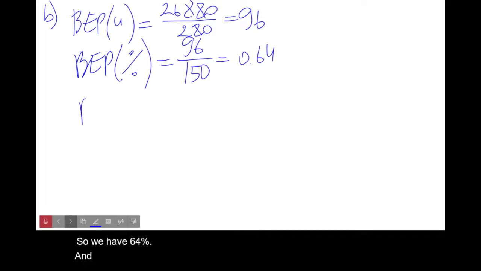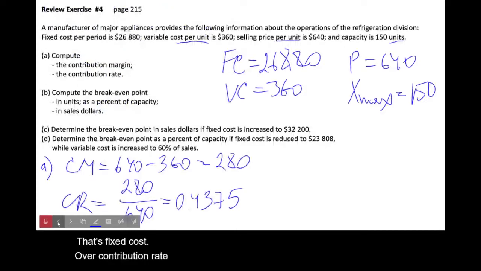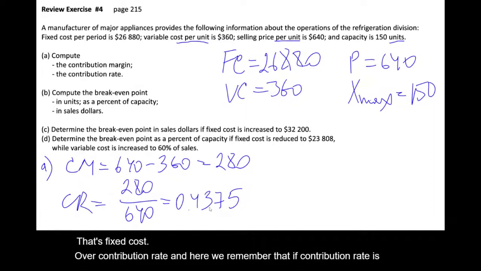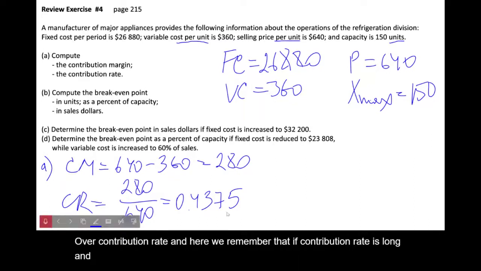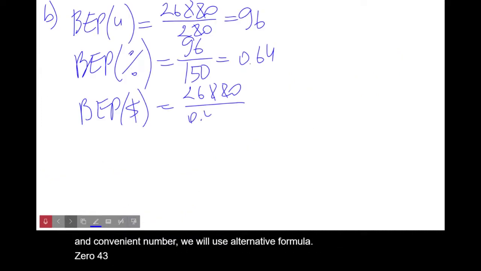And now break-even point in dollars, that's fixed cost over contribution rate. And here we remember that if contribution rate is a long and inconvenient number, we will use alternative formula. 0.4375.